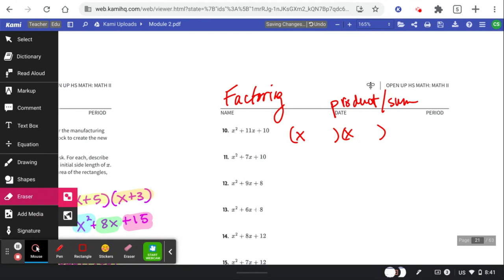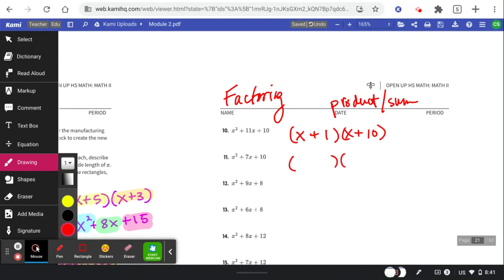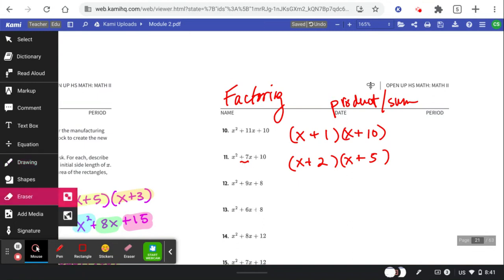What else times what else equals 10? You got it. It's the x plus 1, x plus 10. There's my factors. Now this next one also wants 10 again, but this time the middle term is 7. There's my 2 and my 5, because those add up to 7.